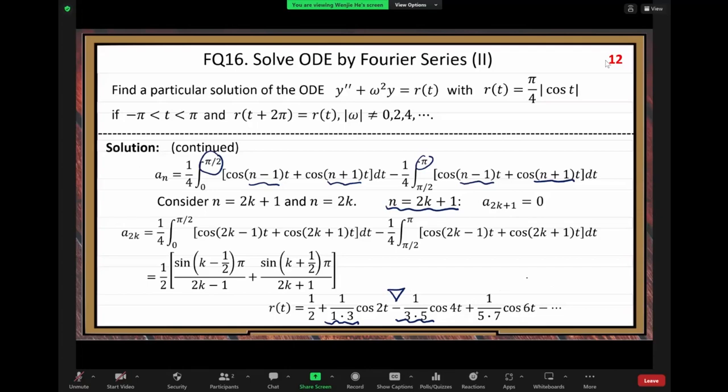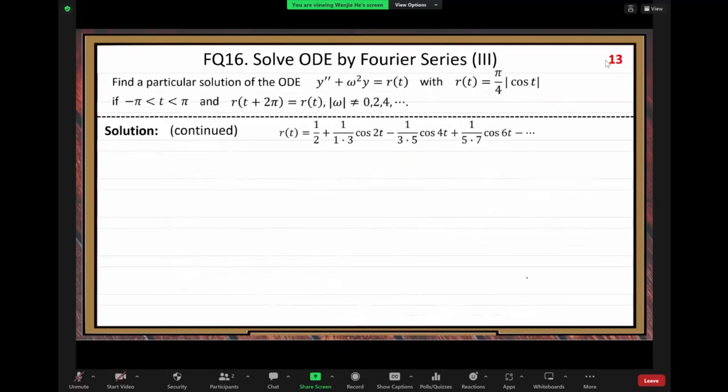Next, we are ready to solve the ODE based on this expansion. So then, the form of the solution. To get the complete solution, we need to base it on the structure here, that summation structure.